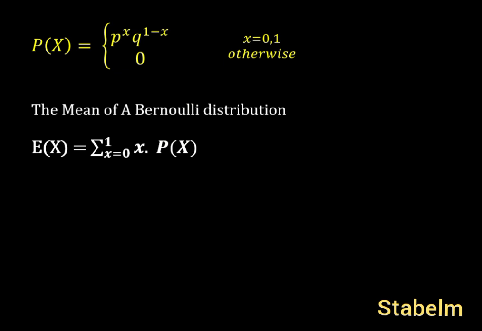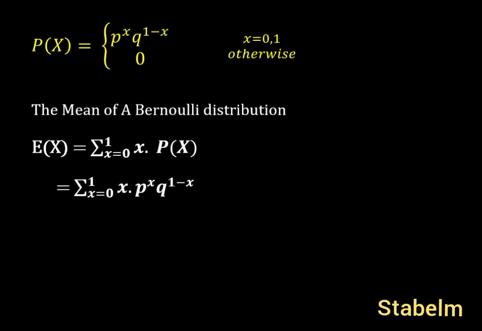Now, if we open this, we have the summation, x runs from 0 to 1, of x multiplied by p raised to power x, q raised to power 1 minus x. The value of x is 0 and 1, so we substitute 0 and 1 into this summation.